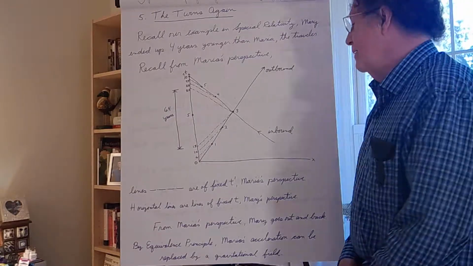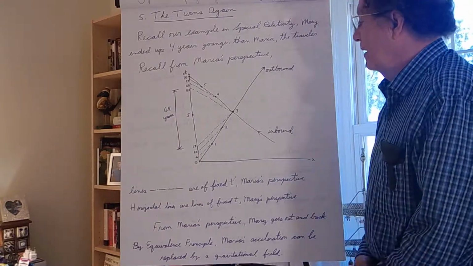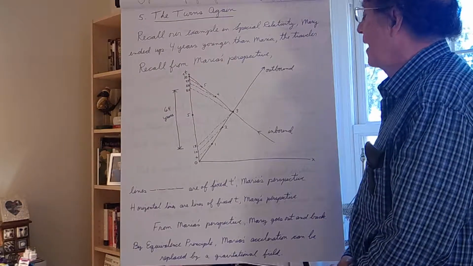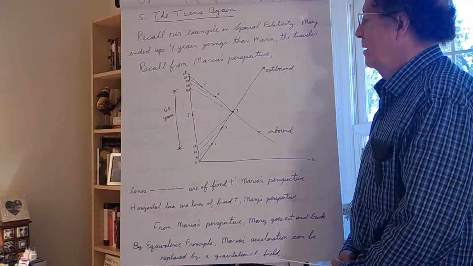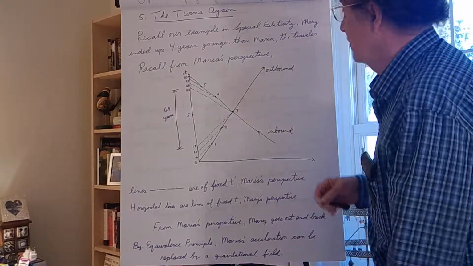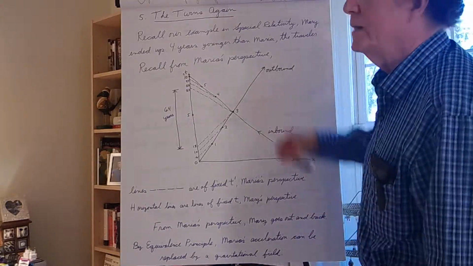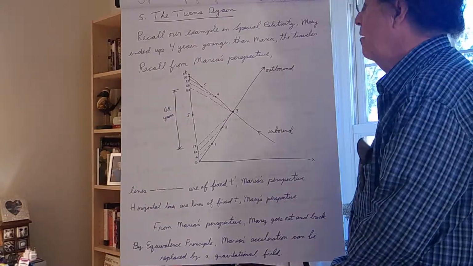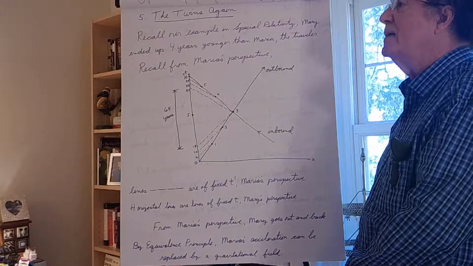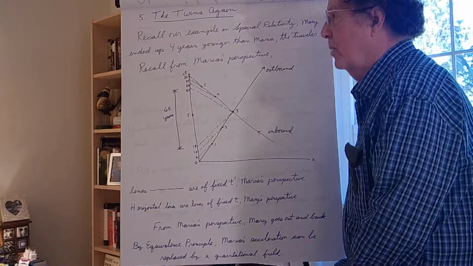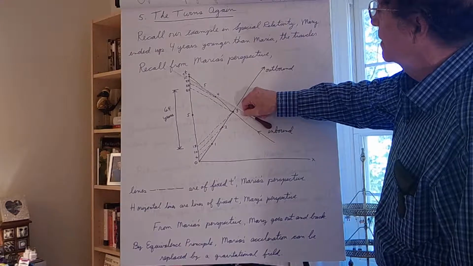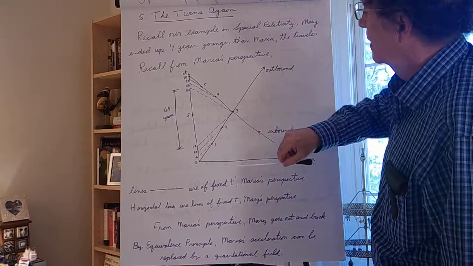Okay, but now things happen. Now Maria jumps from the outbound rocket to the inbound rocket. So the velocity is reversed, and so the lines of constant time in Maria's frame are now new. They correspond to a rocket which is going at minus v, not a rocket that's going at plus v. And the lines of constant time are then shown here, dash-dotted again.